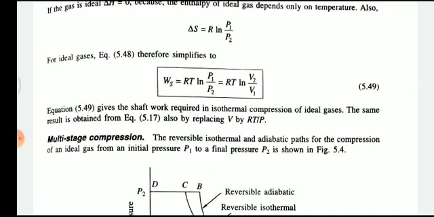Also, replacing V: PV is equal to RT, so V is equal to RT by P. This equation is the shaft work for isothermal compression of an ideal gas.